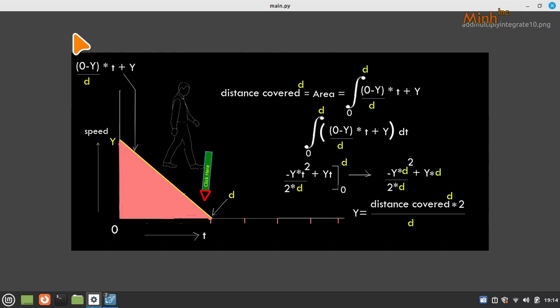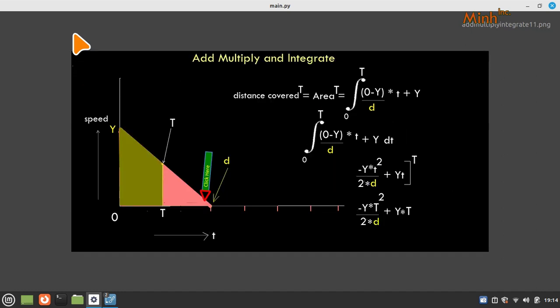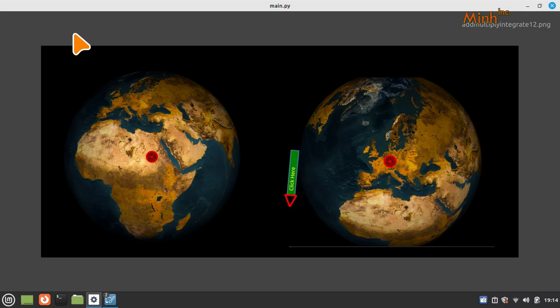That's why there are two diagrams. First is to find the initial speed, and second is to find the distance covered at any moment. If we know these two, then we can begin with the initial speed rotating the globe, and after that at any moment we can see how much it has rotated and how much it has to rotate by now, so we can quickly rotate it to that extent. That we'll see in the lab session.